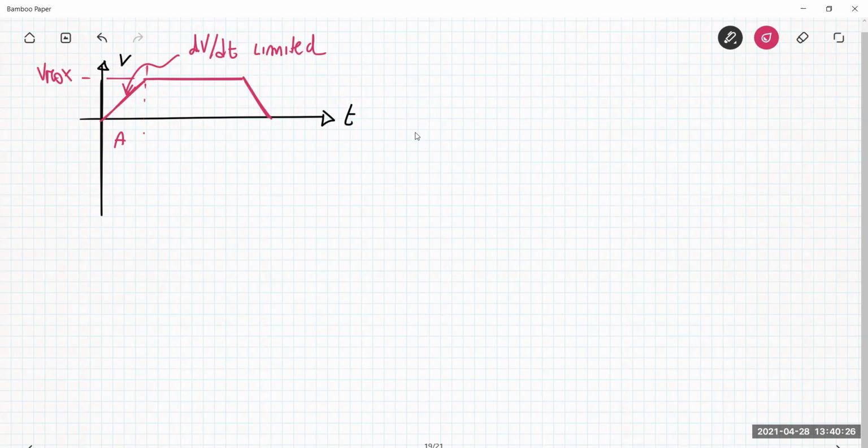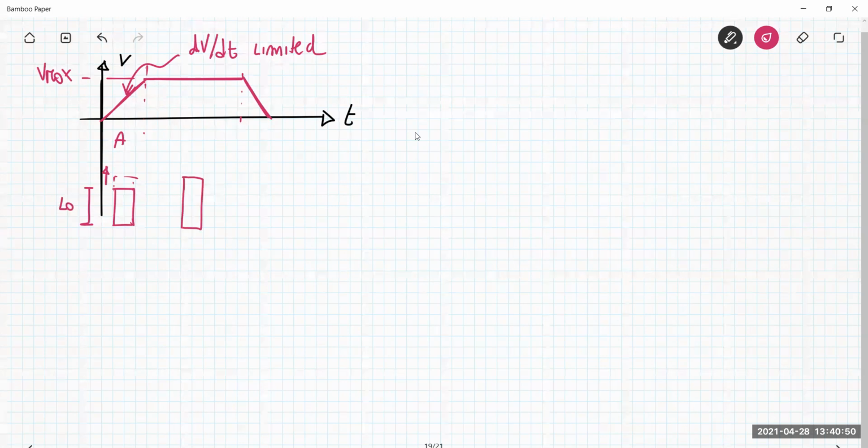In this specific case, I'm getting from a rest position, which is this one, L0, to an increasing elongation. In the situation that I have in between here, the voltage is constant. So here I get the maximum elongation that I need.